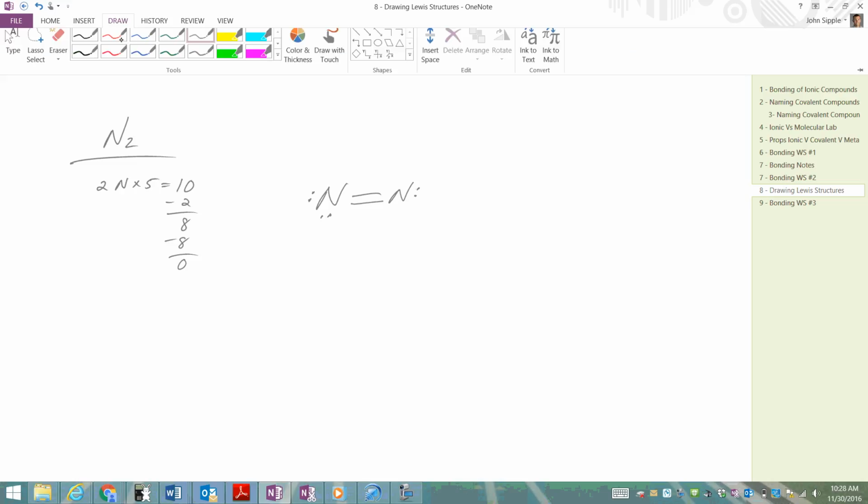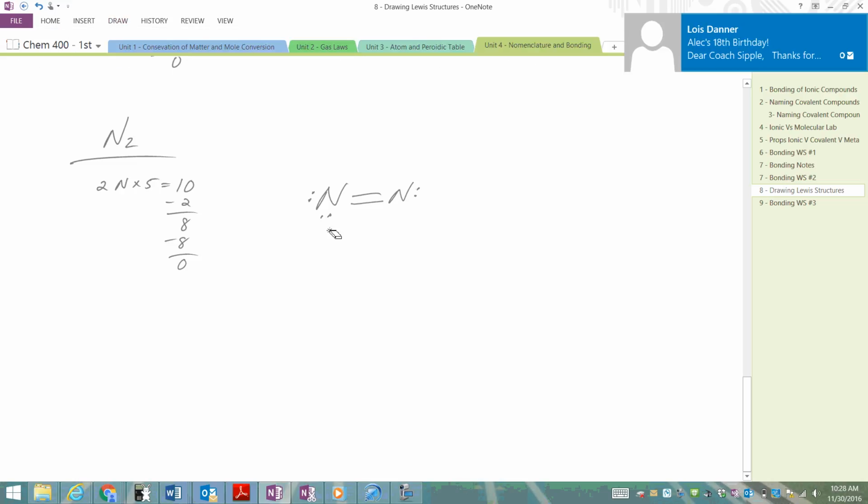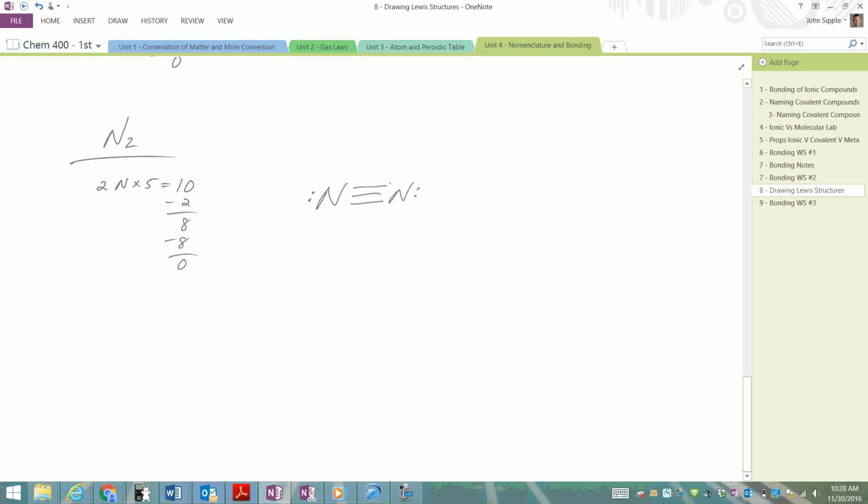Hold on. We erase that lone pair, draw in another bond. So we've got 2, 4, 6, 8 electrons there. Around this nitrogen, we got 2, 4, 6, 8 electrons there.